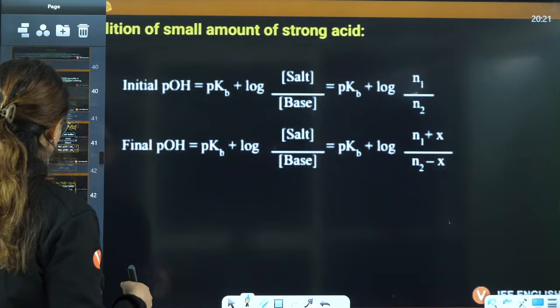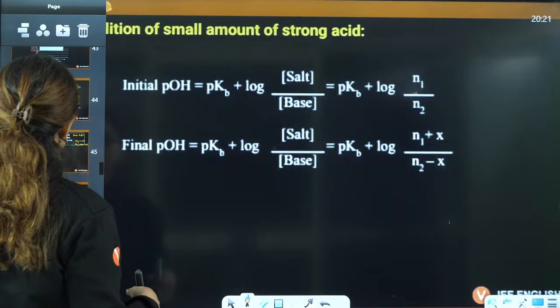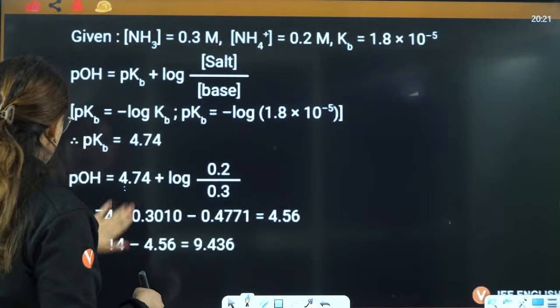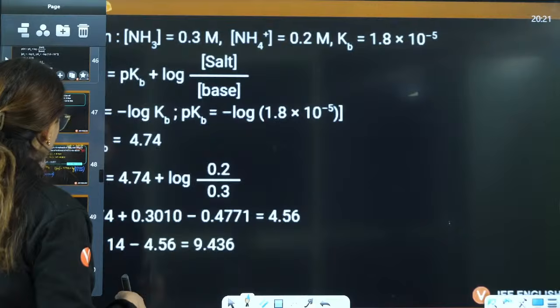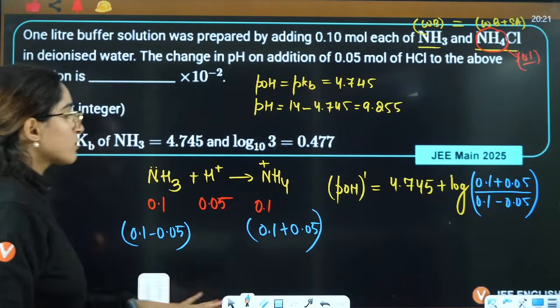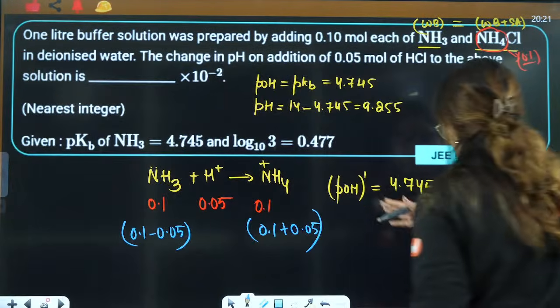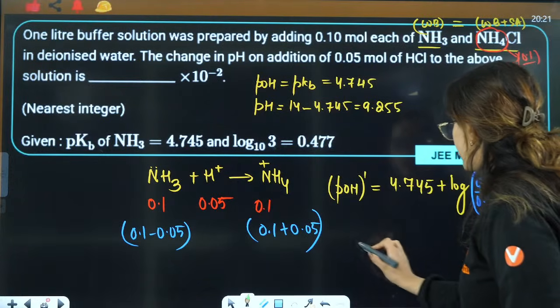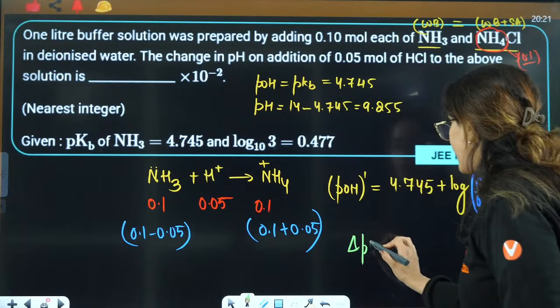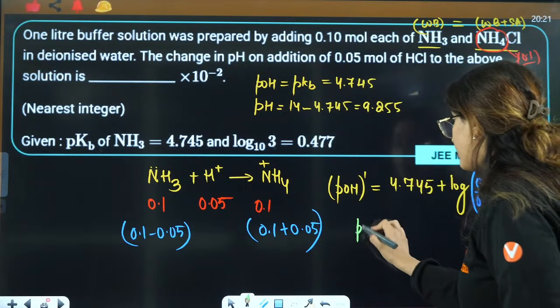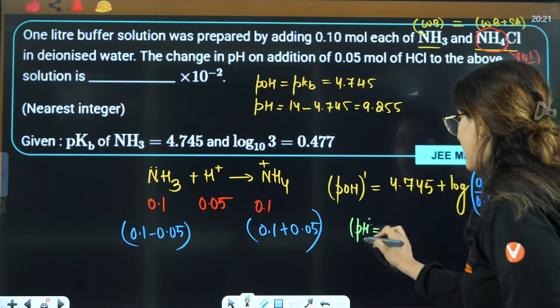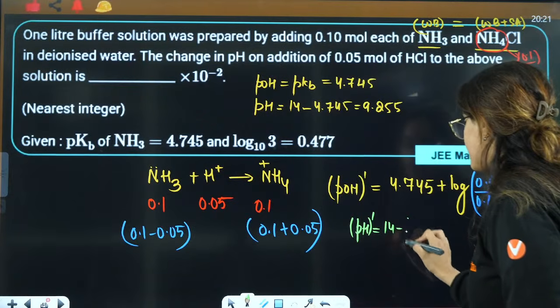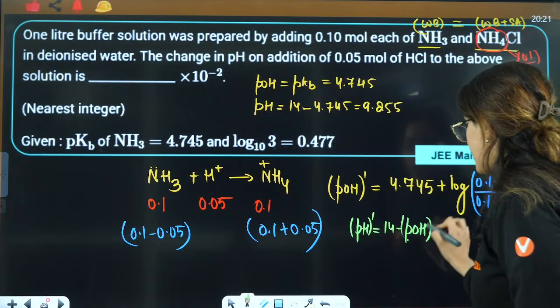Based on that they have asked you the recent question, right? So now nothing is there, you just have to solve this here, calculate the value of pOH. From solving this, calculate this value, and then after this calculate the value of pH dash, which is equal to 14 minus pOH dash, right?